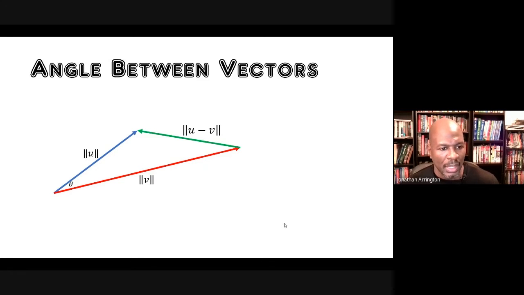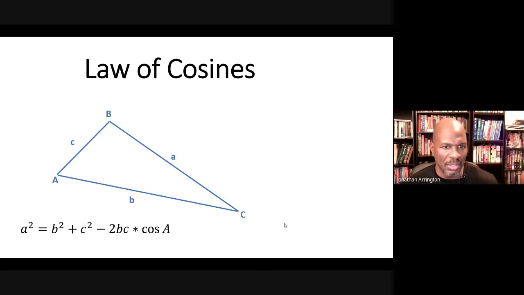And so as you look at this triangle and you see an angle and the sides, it should remind you of the law of cosines. So here's the law of cosines, where I have capital A, B, and C representing the angles and lowercase a, b, and c representing the sides. And of course, the side opposite the angle shares the same letter.